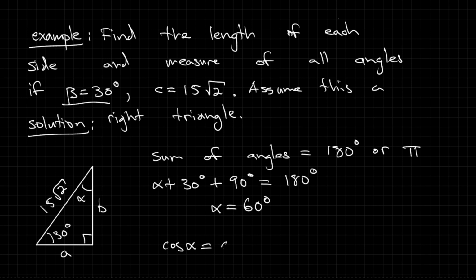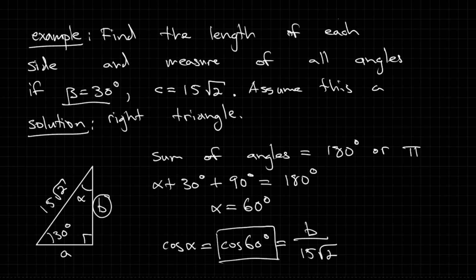and we know what alpha is, so cosine of 60 degrees, that's equal to, you need the length of the side adjacent to alpha, which in this case is b. So that's b divided by the hypotenuse, which is 15 root 2. And now we know what cosine of 60 degrees is. It's 1/2.